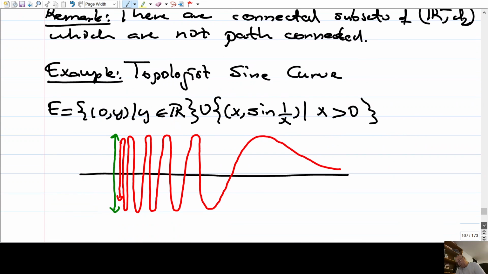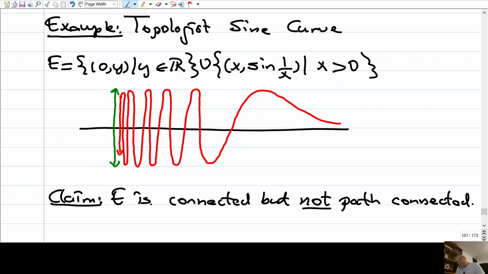I said this set is connected but not path connected, right? In other words, you cannot connect any two given points on this set. Indeed, this component is clearly connected because it is the image of the real line, a copy of the real line.